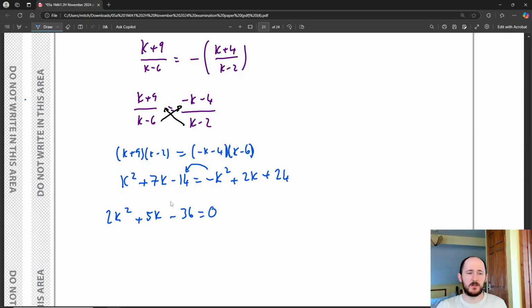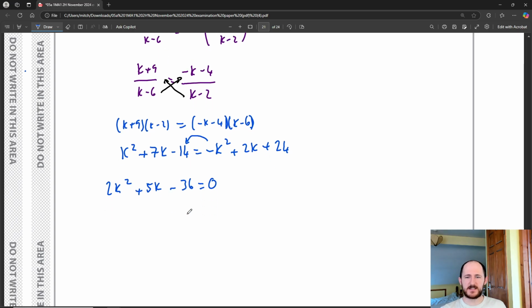Now to solve this, we can use the quadratic formula, or we can factorize. If I factorize, that'll be times to minus 72 add to 5, which is doable, I suppose. But I think that might be a little bit annoying, right?